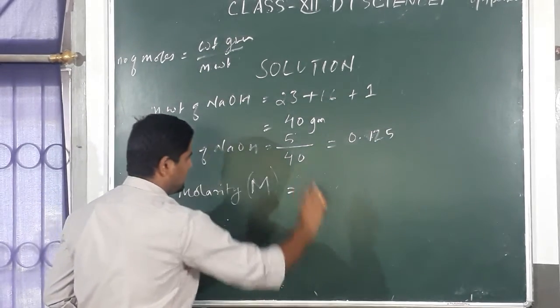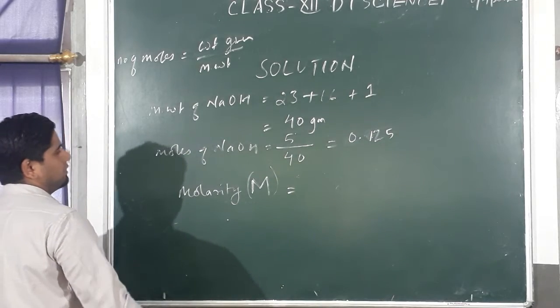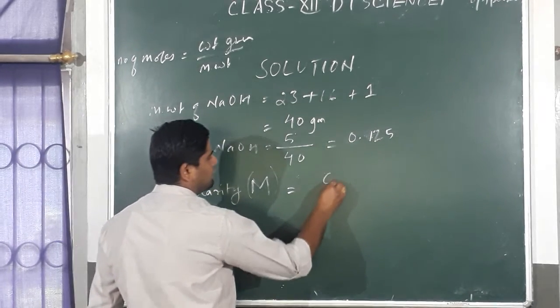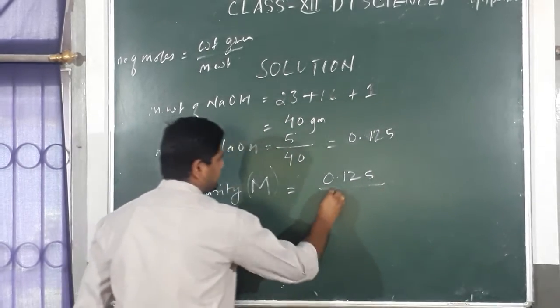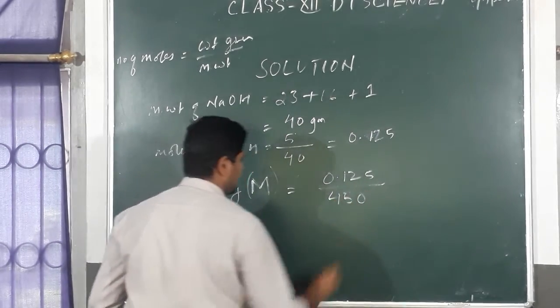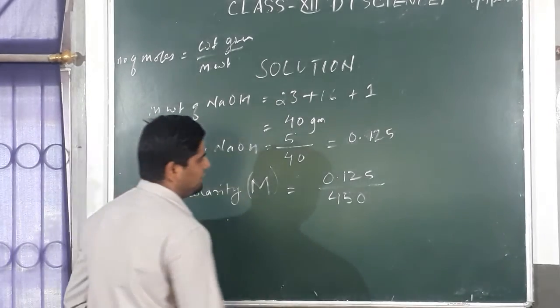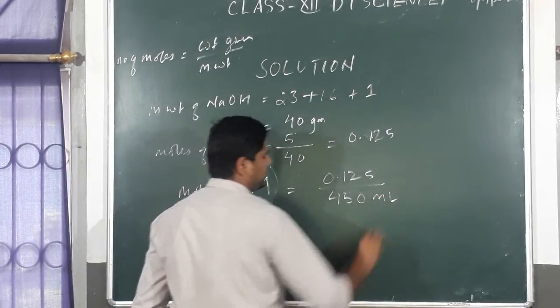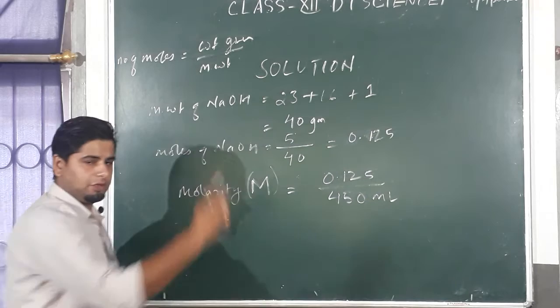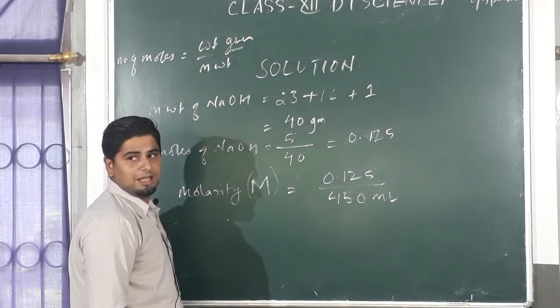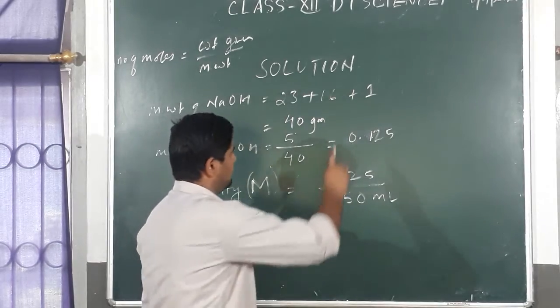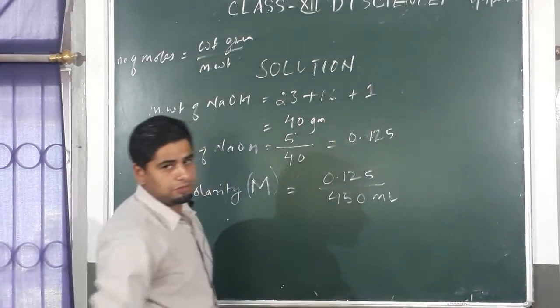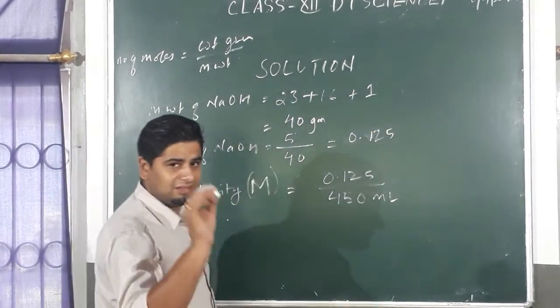So in the formula, moles 0.125 divided by 450 milliliter. But in the formula it was written total volume of the solution in liter.